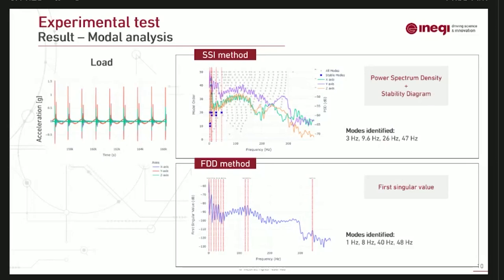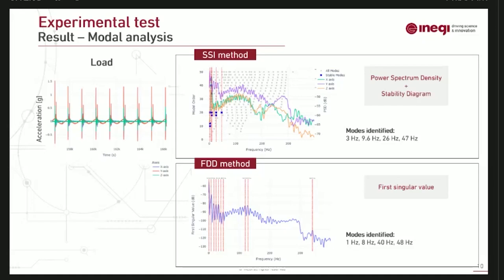Above it, we have the stability diagram, which is the result of the SSI method. From that, we have the stable modes, the modes that are identified by the method. What we would see on these red lines is that there must have been some spikes on the power spectrum, but since it is very noisy, we cannot clearly see that.